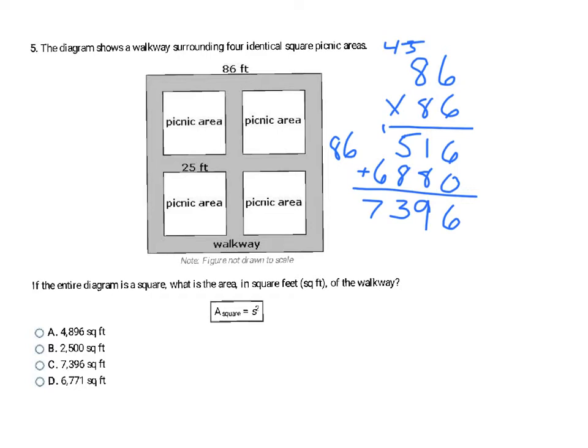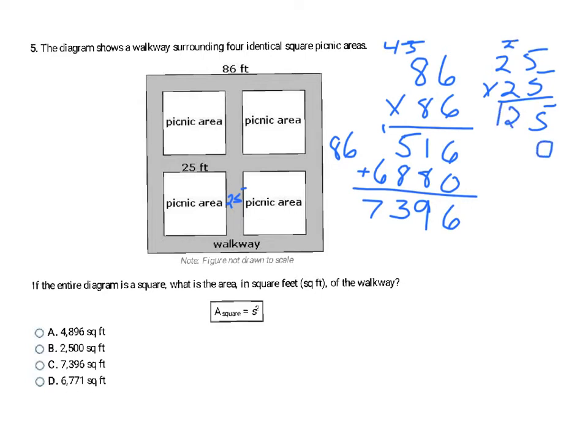So then I have to find the area of the pieces. So I'm going to find the area of one square first. So that's going to be 25 times 25. So 5 times 5 is 25. Because I'm taking length times width, and the length and the width of the square is 25. And then 2 times 5 is 10 plus 2 is 12.